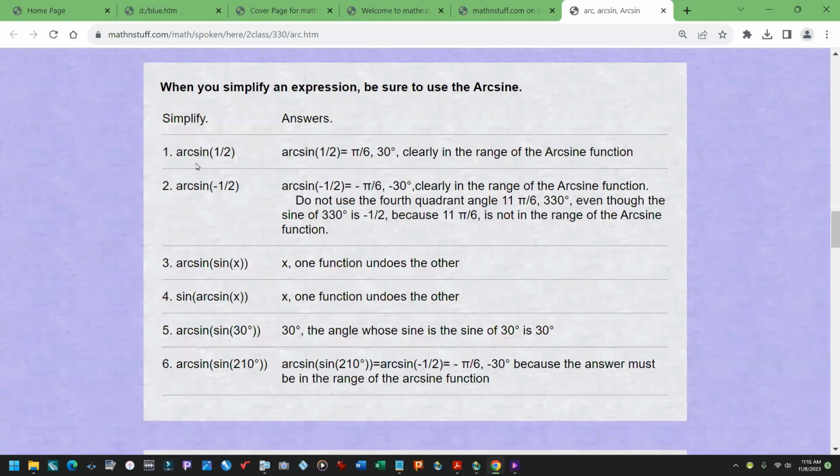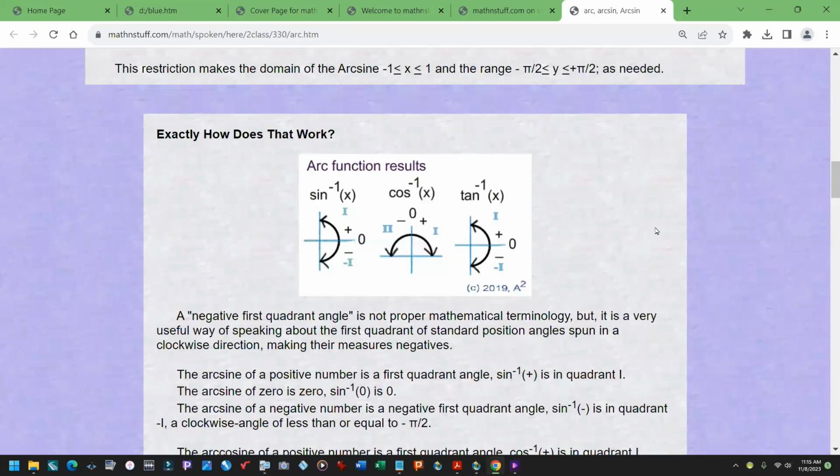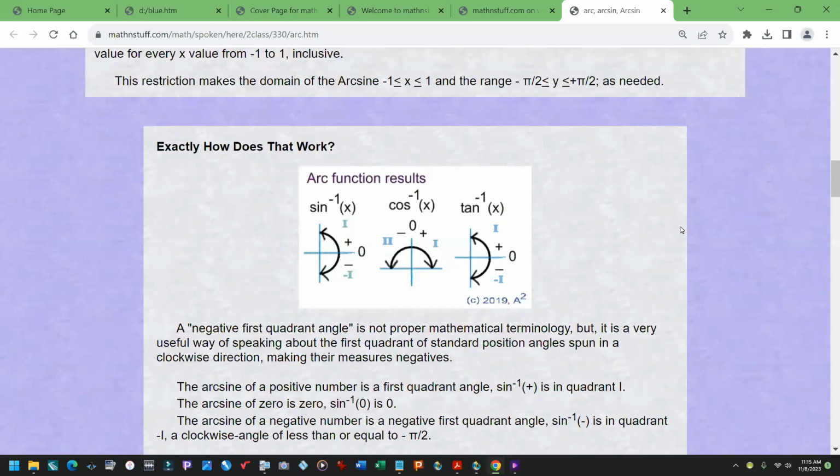Okay, so baby expressions are just do one function. If it's written as arcsine like this, use the capital arc sine, meaning the principal.